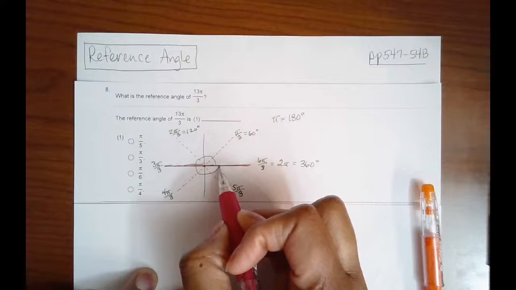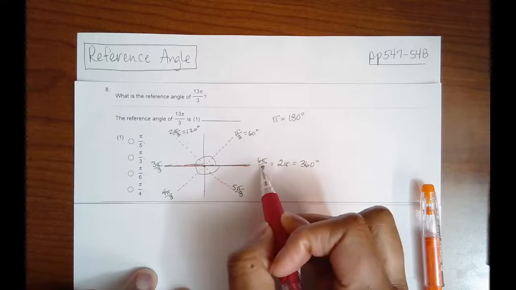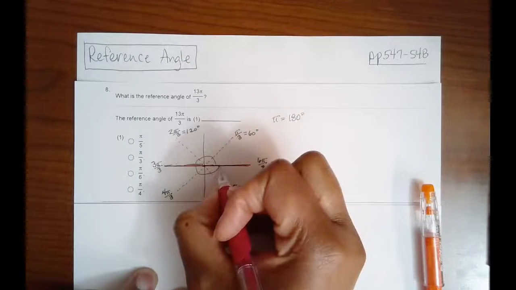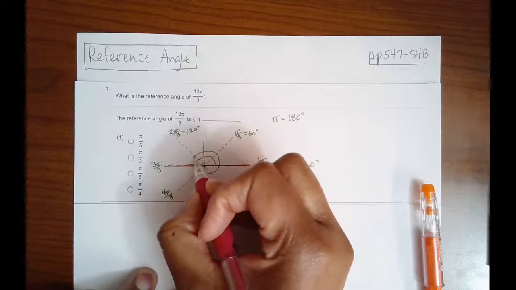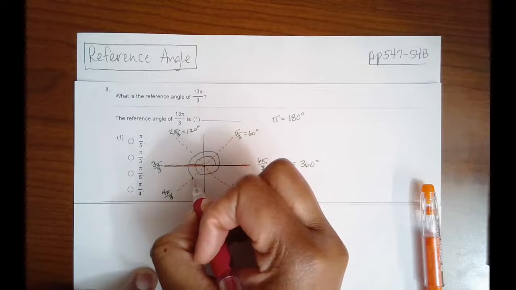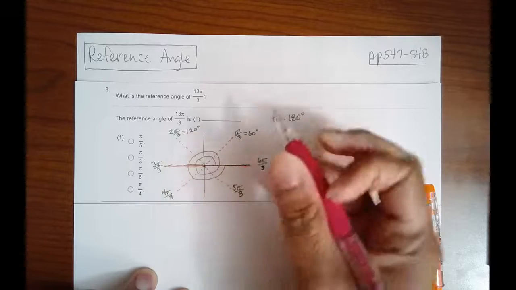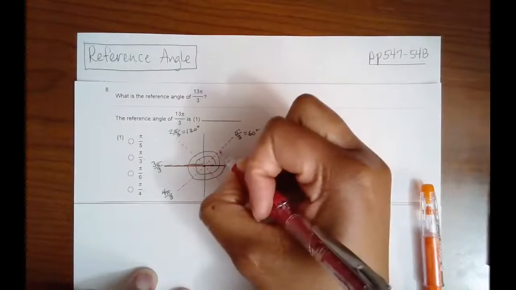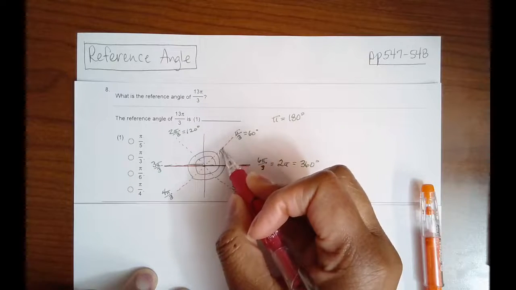Now remember, 6 pi over 3 is already 2 pi, and we're trying to get to 13 pi over 3. So let's keep going. 7, 8, 9, 10, 11, 12, 13. So we land on 13 pi over 3.